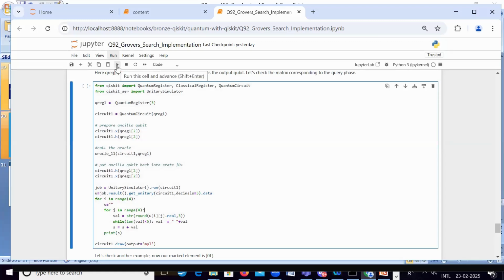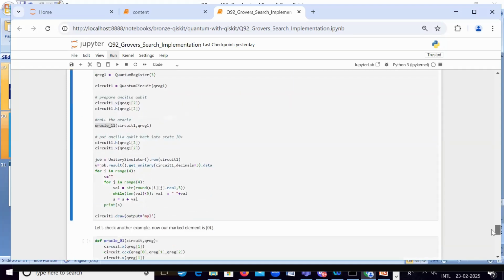So here we have the similar set of code: the quantum register, and then the quantum circuit. Then the ancilla set to minus, and then the oracle function. So far we had the inversion and others.